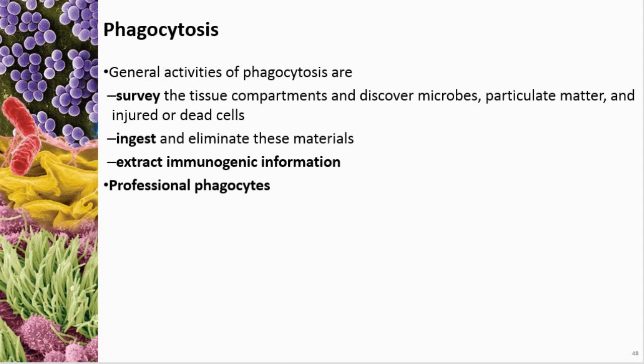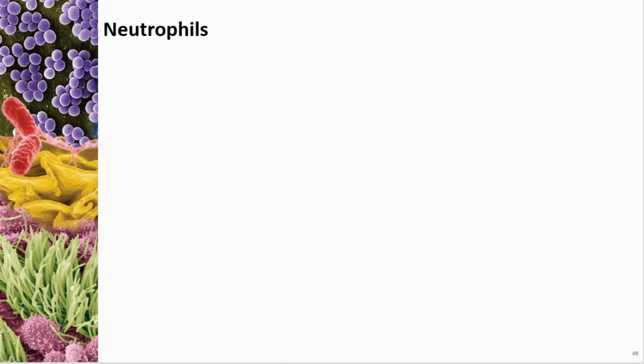So, professional phagocytes, meaning this is what they do, are neutrophils, monocytes, and macrophages, which come from monocytes, right? Another type of monocyte would be a dendritic cell. So neutrophils then. These are general purpose phagocytes.